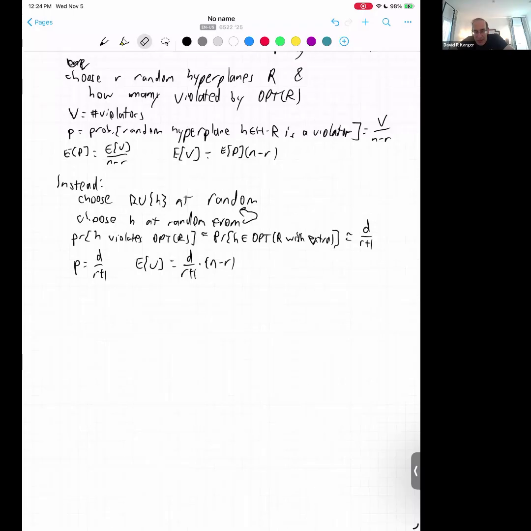But isn't that very pessimistic? Why would you think that if many hyperplanes from the optimum violate the sample, then you suddenly make a lot of progress all at once? Isn't there some chance of that happening? And shouldn't we incorporate that into the analysis? And that is what we will do as our next step.